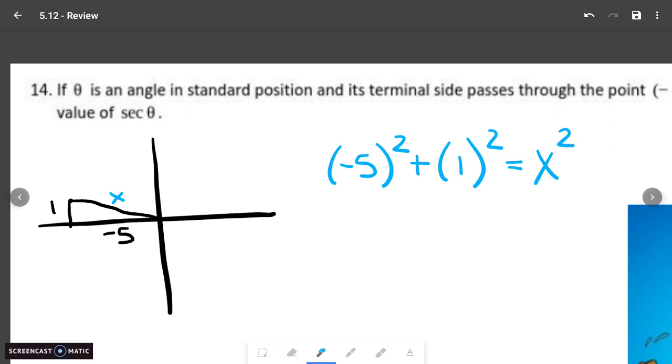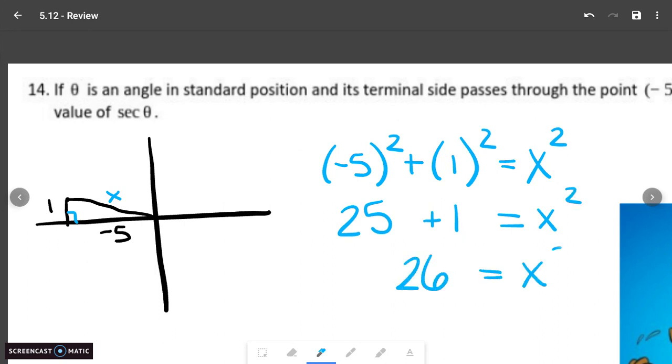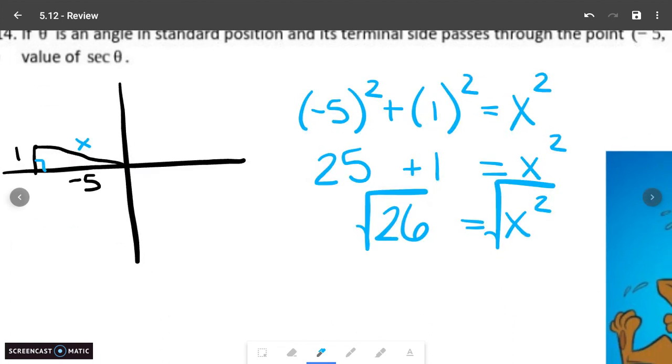It's always the one across from 90, so it's always the biggest side. So we'd have 25 plus 1 equals x squared. 26 equals x squared. And we would take the square root. So square root of 26 is this missing side for us.